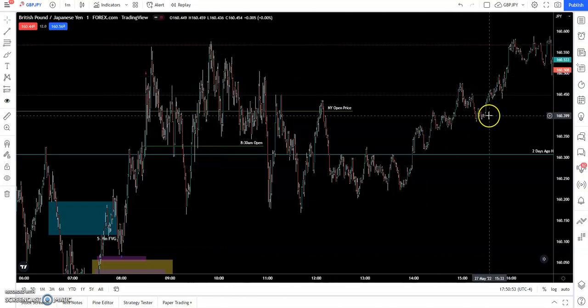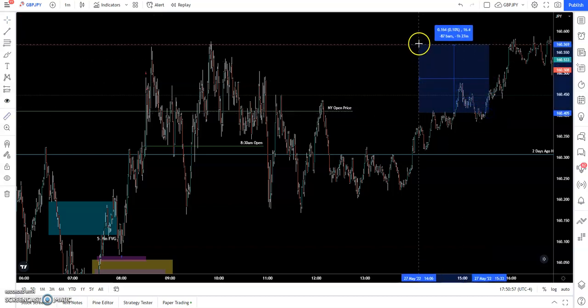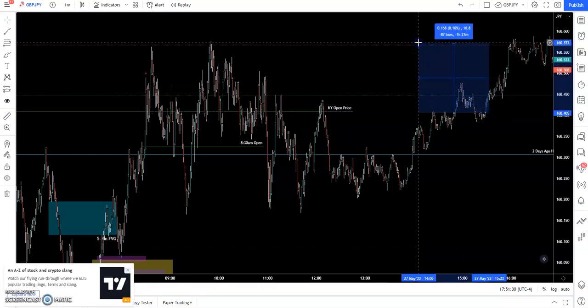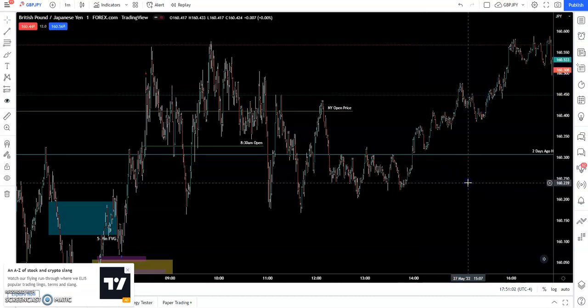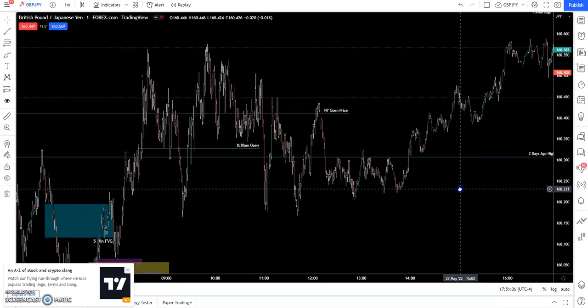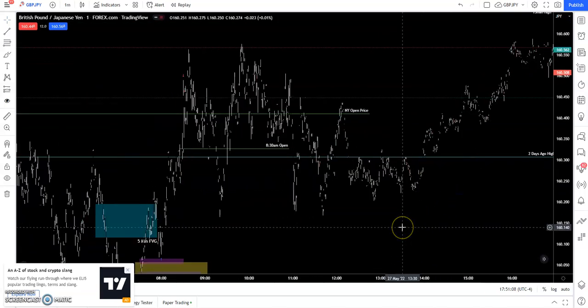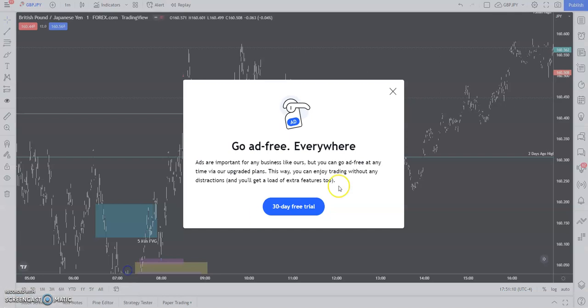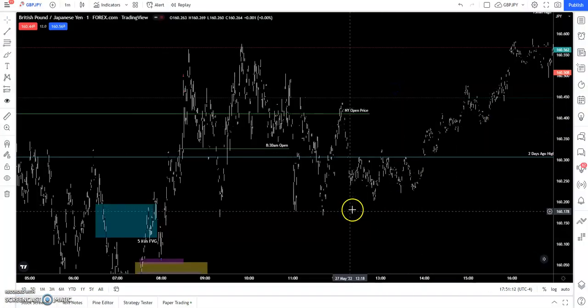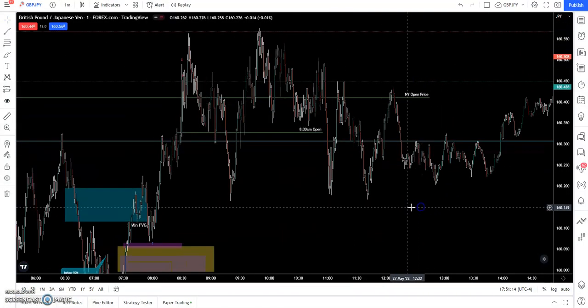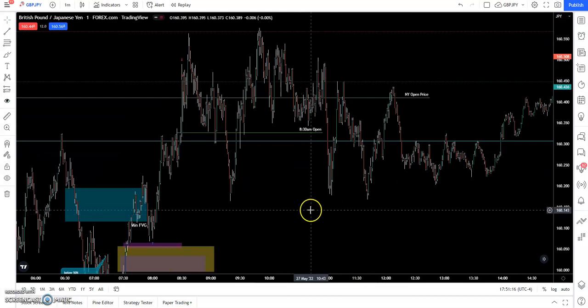So if I had taken that trade, just out of curiosity, it would have been 16 pips, which obviously would have been a win, but Friday I wasn't planning on holding the trade any longer than I had to, because like I mentioned, it's the last day of the week, and I don't think anything spectacular was going to happen.